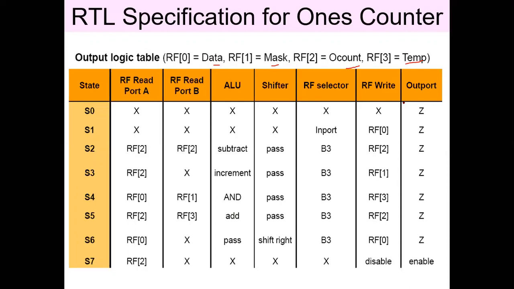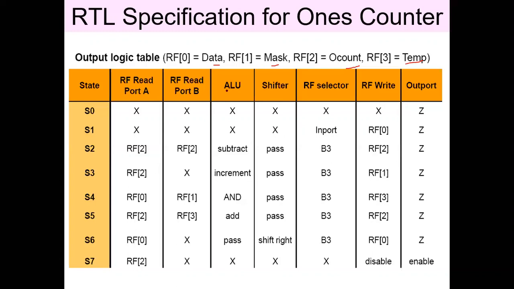Register file 0 is for storing the data, register file 1 for storing the mask variable, register file 2 for storing output count, and register file 3 for the temporary variable. So that should be kept in mind.